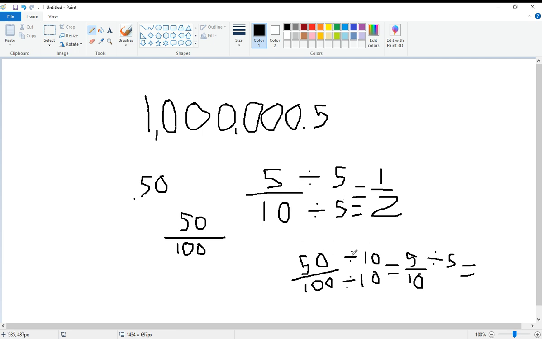If you're wondering how I know it so fast, it's because I did it 2 seconds ago. 5 divided by 5 is 1. 10 divided by 5 is 2. And we have 1/2. So 50/100ths, 5/10ths, 1/2. All the same. And the way you express that as a decimal is 5/10ths. You put the decimal place and then a 5.